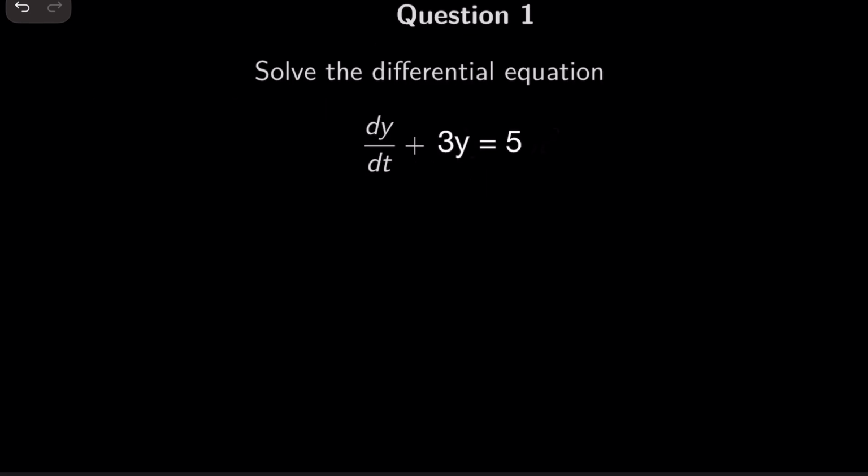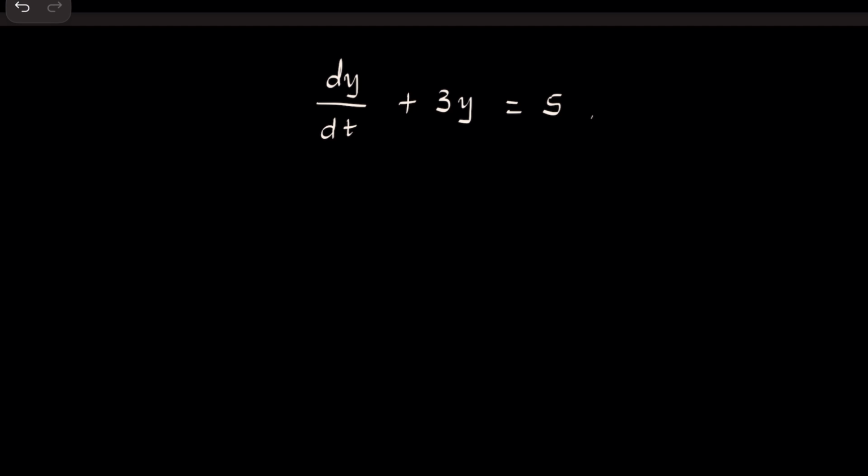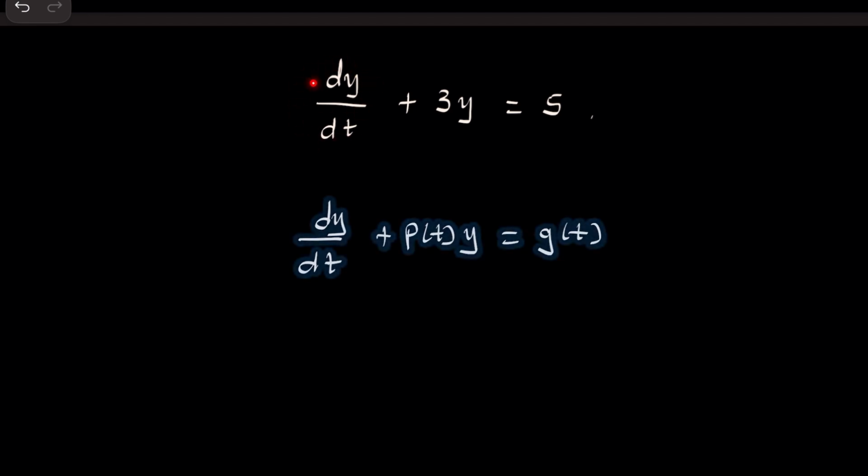With our first question, we are to solve the differential equation dy/dt plus 3y is equal to 5. We have to compare our given differential equation to the standard first order linear differential equation, dy/dt plus p(t)y is equal to g(t). Is the coefficient of dy/dt 1? Yes, because here we have the coefficient to be 1.